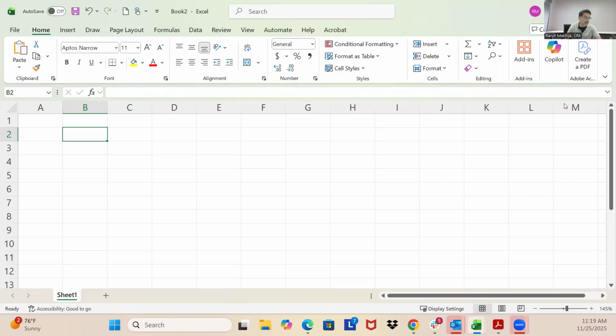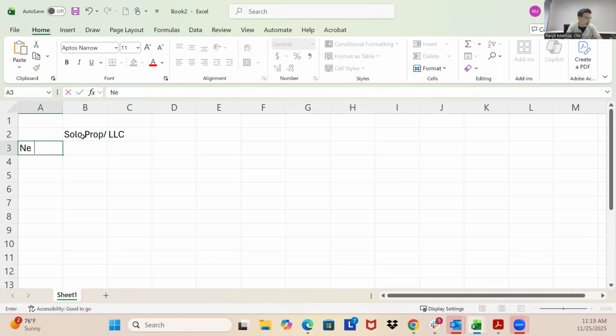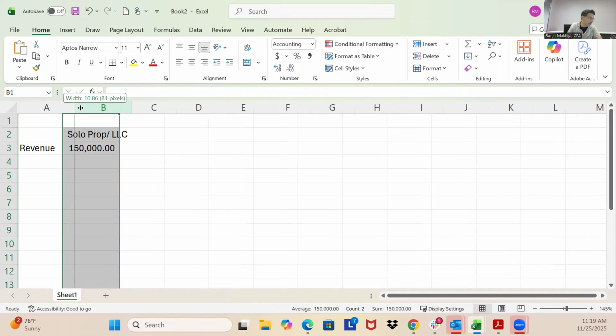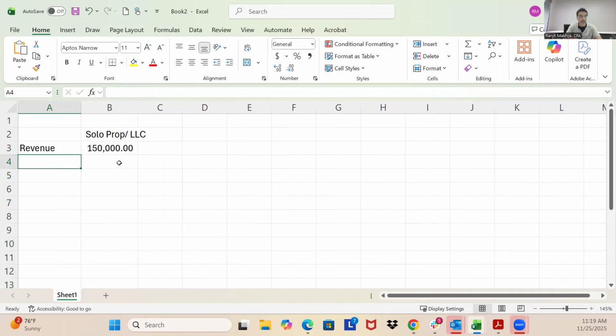Okay. This one is going to be set up as a schedule C, like a single member, like a solo prop or an LLC. We're going to have revenue of $150,000.